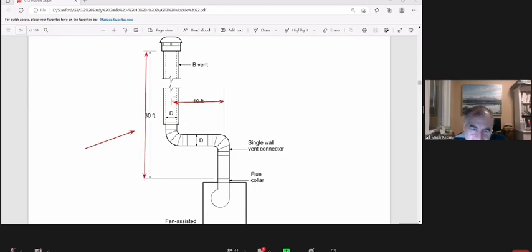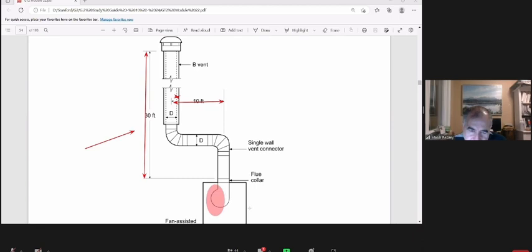This is the lateral. C vent or B vent or whatever, lateral. In this appliance, if it looks like this, this is fan assisted. It looks like this, fan assisted.